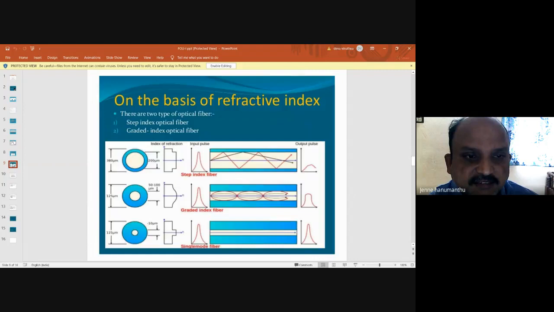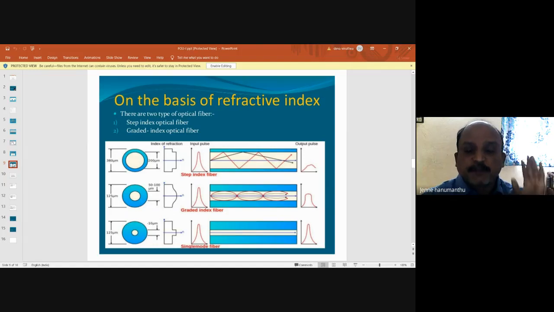On the basis of refractive index, you know only two types of fibers, single mode fiber and multimode fiber. But actually, based on the refractive index, we are going to classify again. One is step index fiber, the other is graded index fiber.